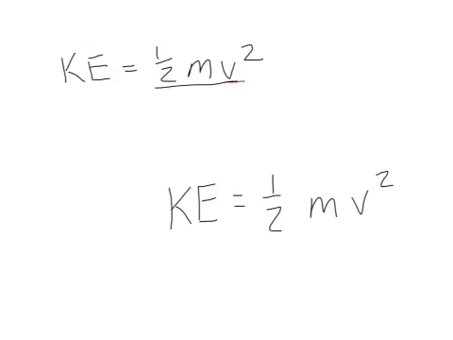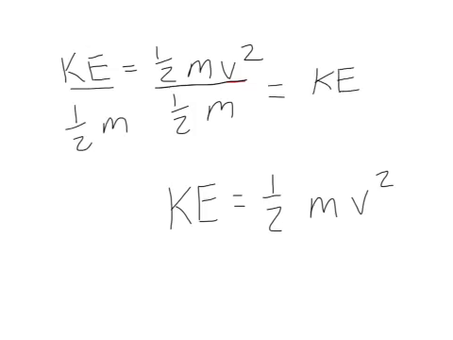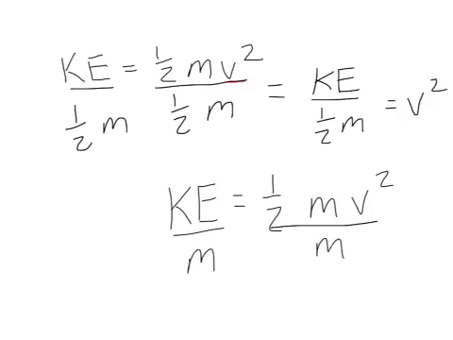You can either divide both sides by 1/2 m, which would give you KE divided by 1/2 m equals velocity squared. Or what you could do is divide both sides by m, which would give you KE divided by m equals 1/2 velocity squared.